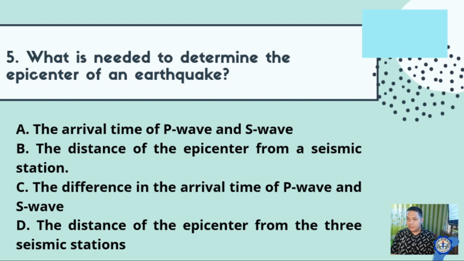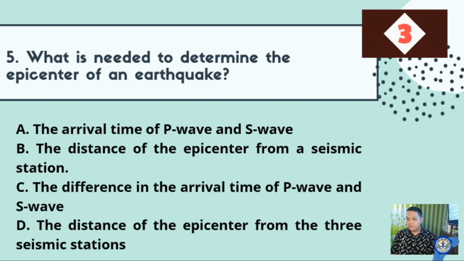And your timer starts now. And the correct answer is letter D, the distance of the epicenter from 3 seismic stations. And we call that method the triangulation method.